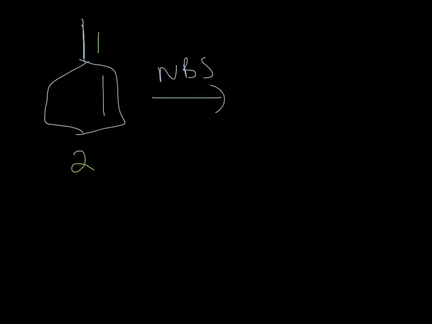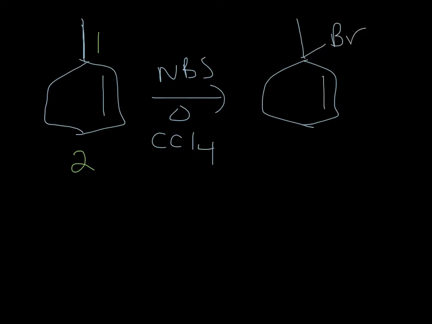So say we use that same system, but this time I'm going to put a methyl group next door. Now I have two different types of allylic positions. So I have 1 and 2 there. So if I put in solution NBS, heat, and my solvent, what I'm going to see is mostly substitution at the more substituted tertiary system, right?